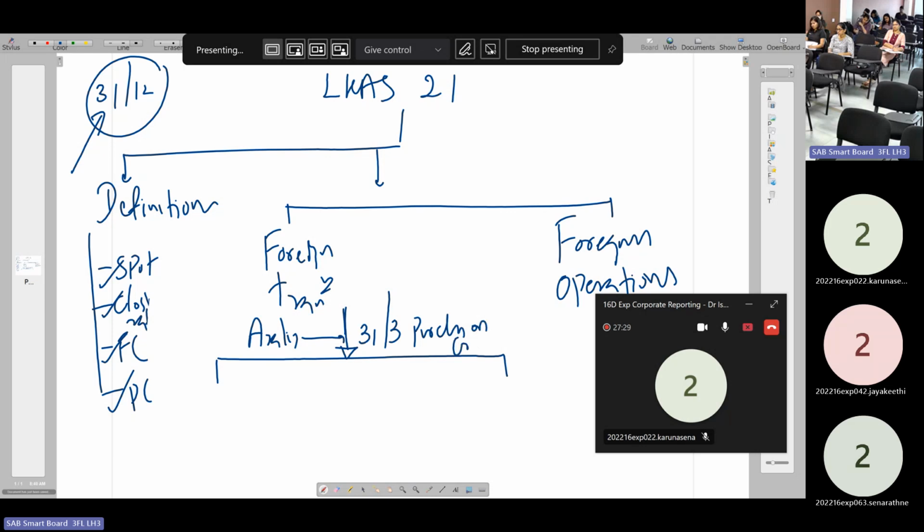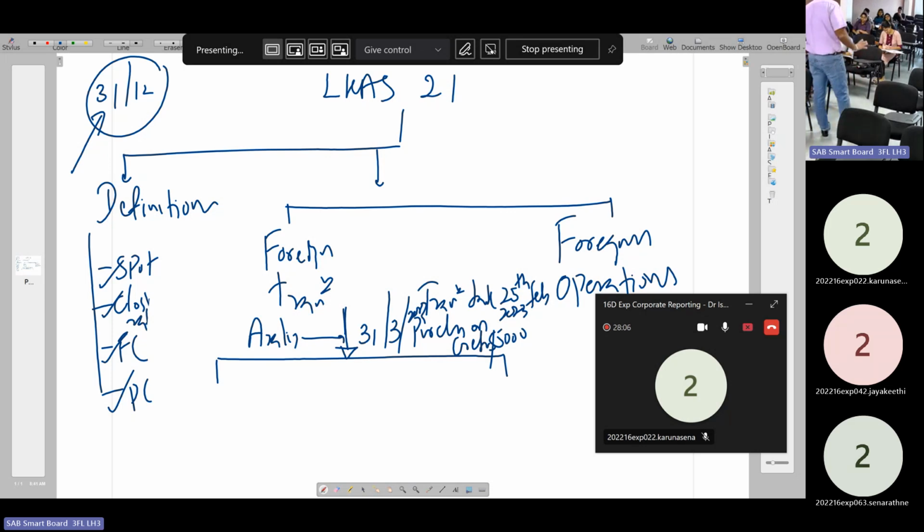The transaction date is 25th of February, let's say 2023. This is 31st March 2023. When was the transaction date? 25th of February. That is the date.